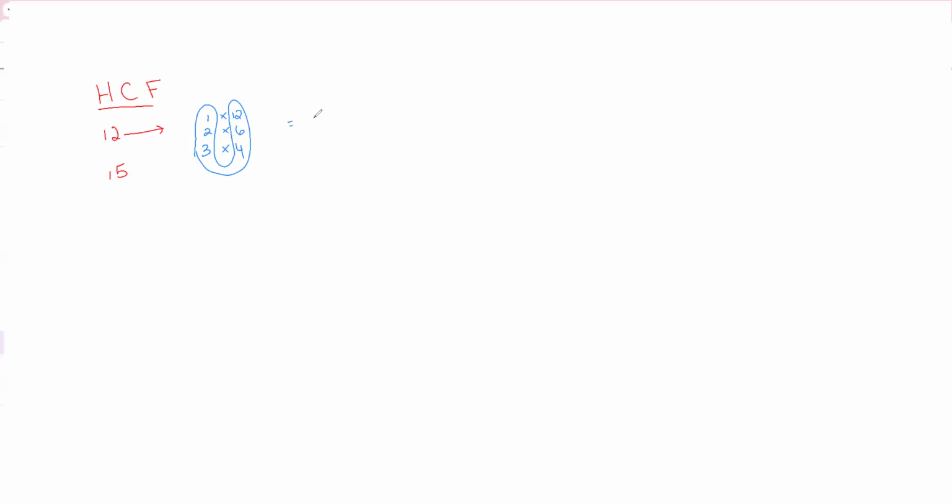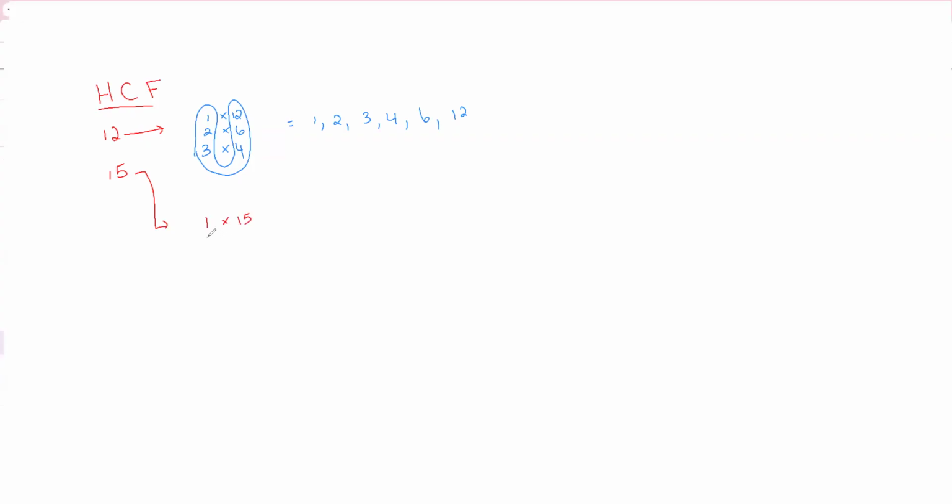So the factors of 12 will be all these numbers here: 1, 2, 3, 4, 6, and 12. Then the factors of 15. Look at all the ways you could multiply to get 15. 1 times 15.